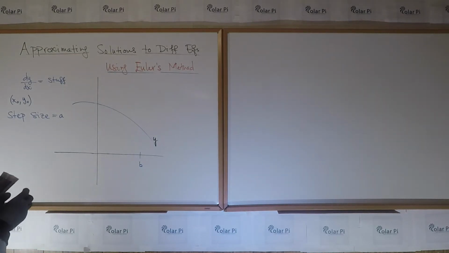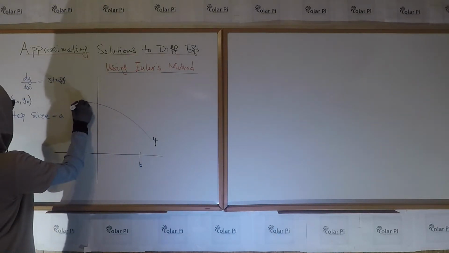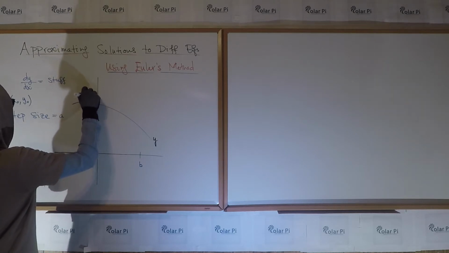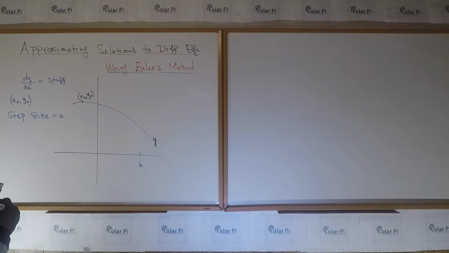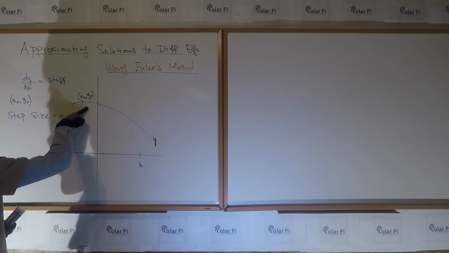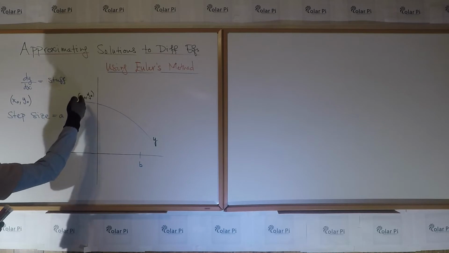This is what we do. We've got x0, y0 to start, and we're going to write the equation of the tangent line at x0, y0, because we have the slope given by the differential equation, and we have a point.